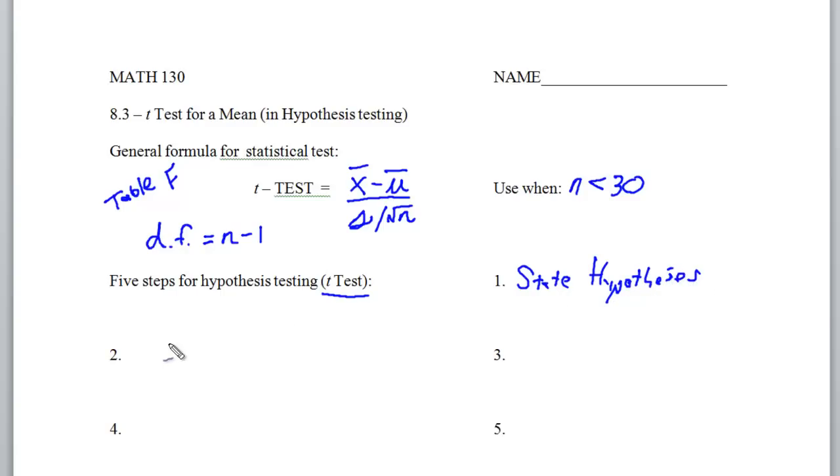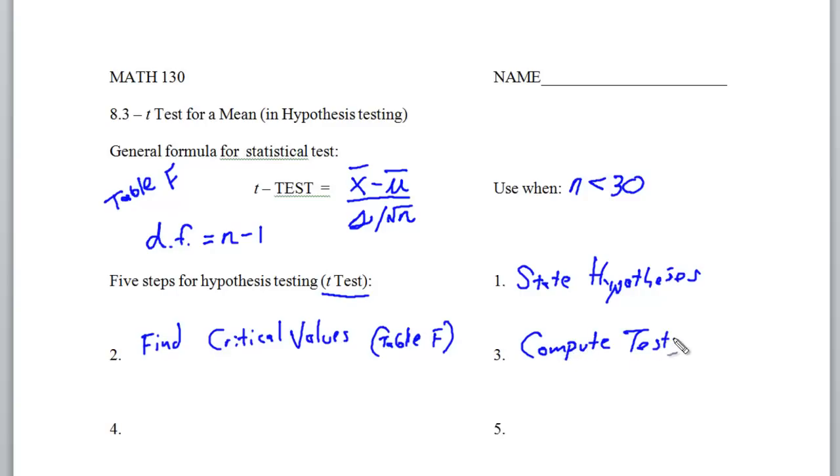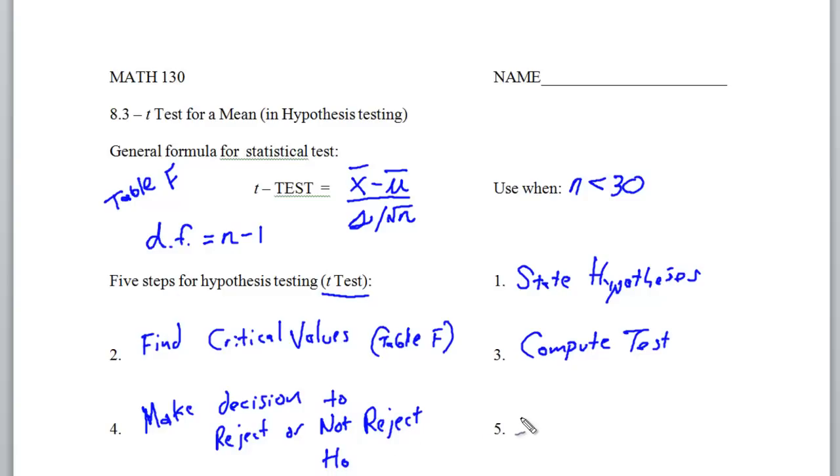And then after you state your hypotheses, you're going to find your critical values from table F. Where normally we'd use table E for the z-test, we're going to use table F. Then you compute your test using your standard deviation, lowercase s, or if you're using your graphing calculator, it'll be uppercase S. And then you're going to make your decision to reject or not reject the null hypothesis. And then in step 5, you're going to summarize your results.